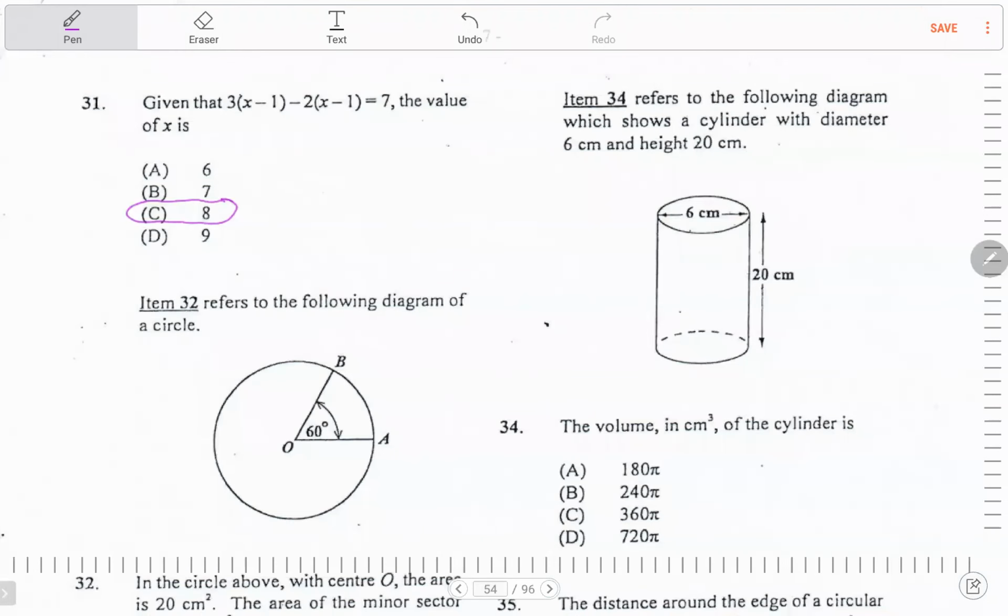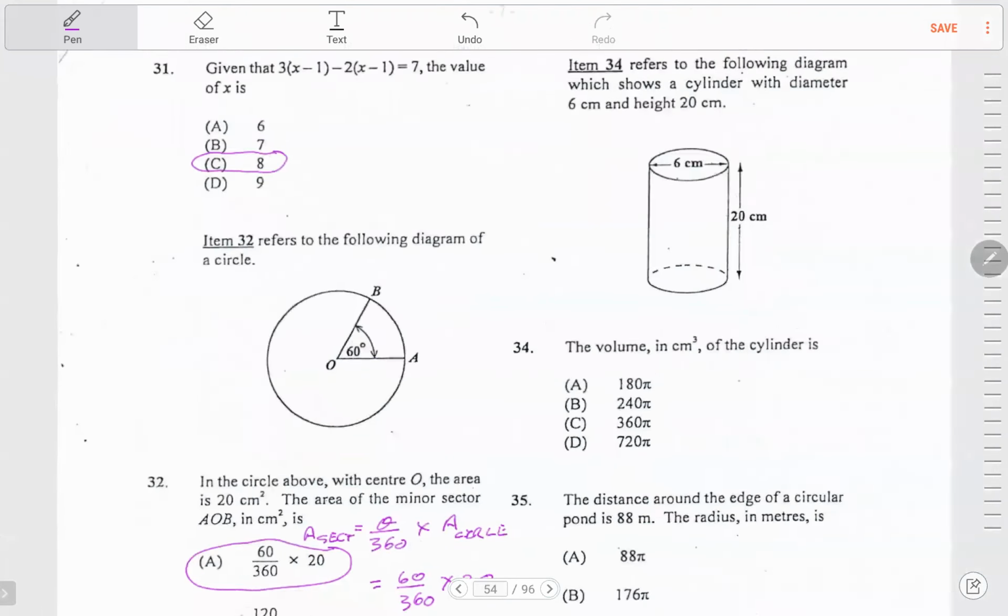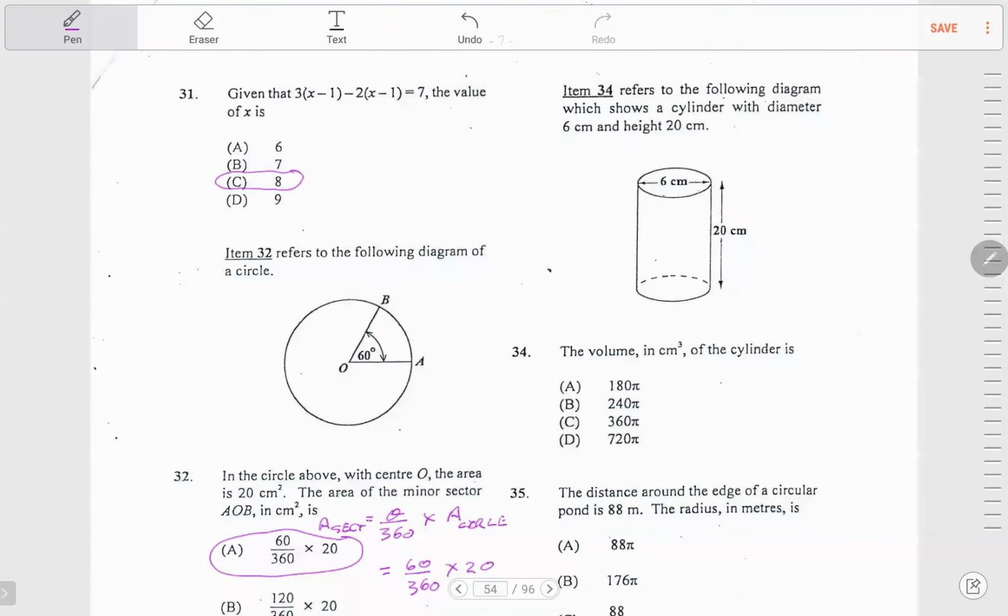This one now, object with uniform cross section. It's a cylinder, and it asks us for the volume. The volume is the area of the end, which is a circular end, pi r squared, times the height, the distance between the two ends, h. So pi r squared h.